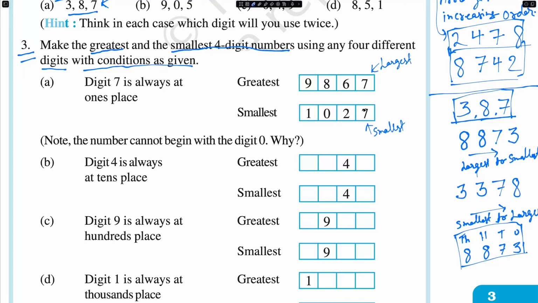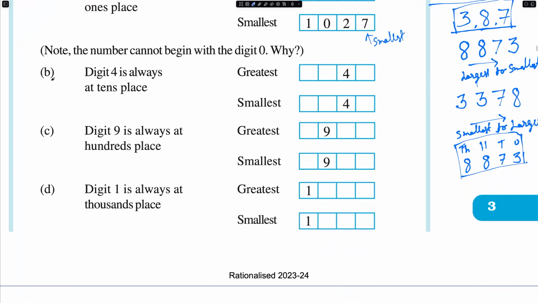In the same way, students, we need to solve these 3 as well. And remember, students, never start any 4-digit number with 0, because 0 does not have any value if we place it on the left. Therefore, we cannot place 0 in the beginning.